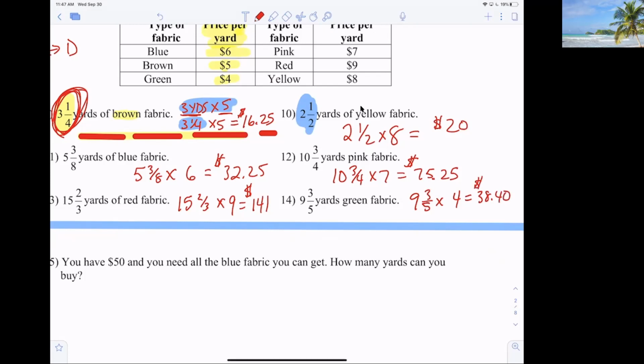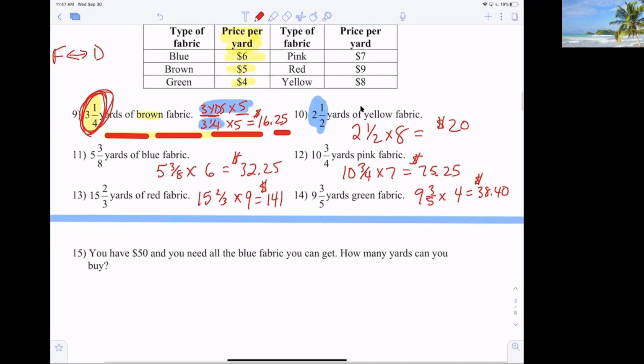Now, Cole, tell me. Number 13, when that took the fraction and actually made it into a decimal, I got 78.4 repeated. Start over. Take your calculator, and I want you to type in 15 2/3 times 9.